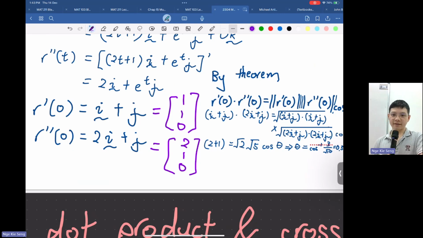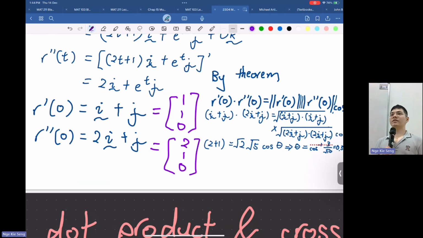Okay, so what's the angle? You know how to compute the angle or not, given two vectors? Does anyone know how to compute the angle between two vectors? Dot product, right?